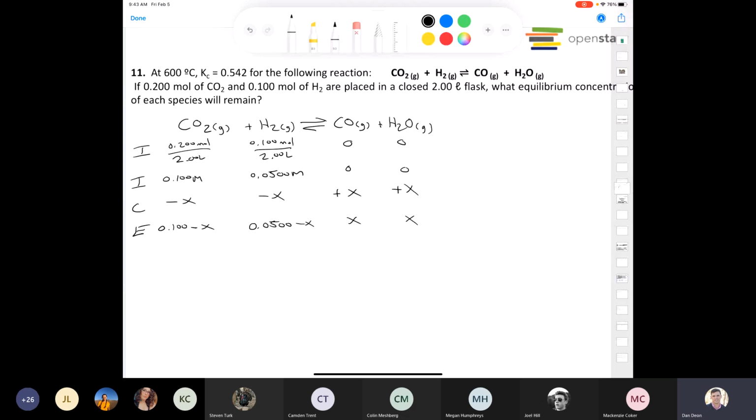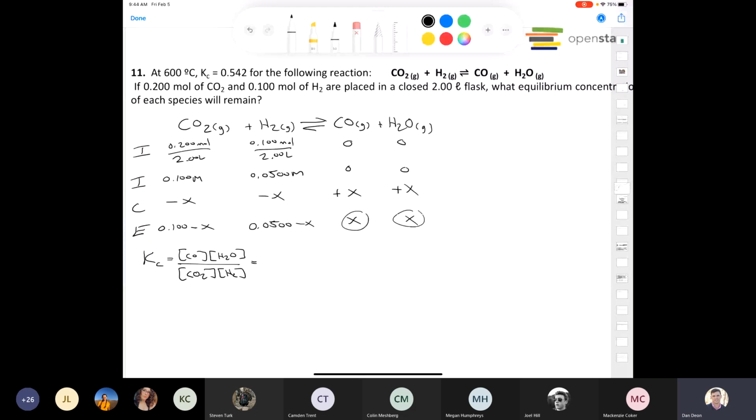Now, we know that our Kc expression, not Kp, Mr. Dion, Kc is equal to the concentration of CO times the concentration of H2O divided by the concentration of CO2 multiplied by the concentration of H2. Let's plug in our numbers.